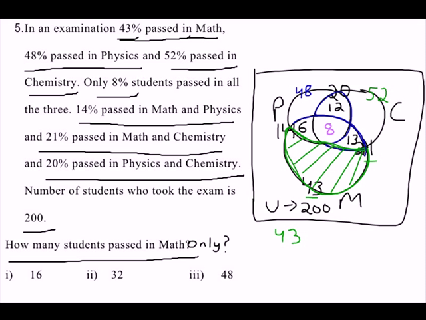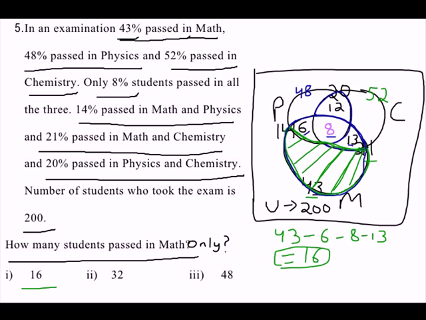This whole circle of M is represented by 43, out of which we have to take out this, this and this to get our green area, which is the percentage of students who passed in math alone, and that is 43 minus 6 minus 8 minus 13, which is essentially equal to 16. So looking at the answers, 16 is right here, and that's great, but is this the right answer?